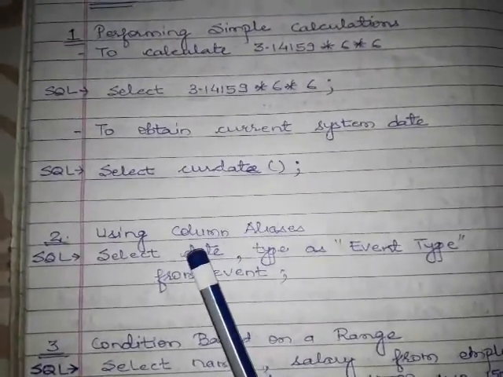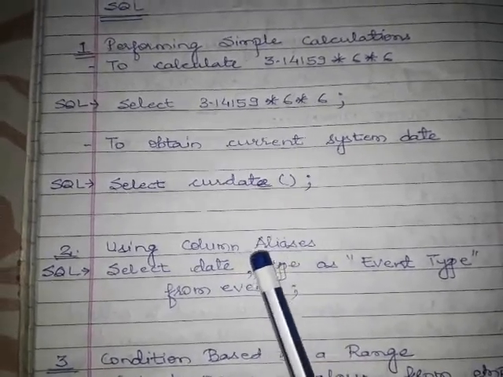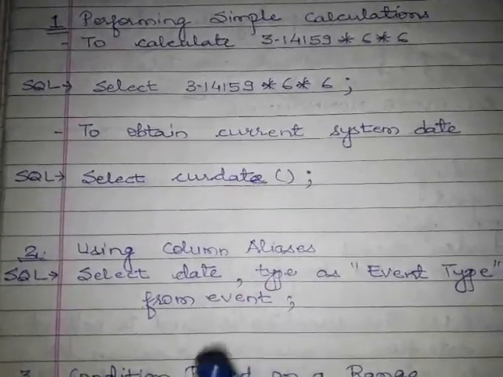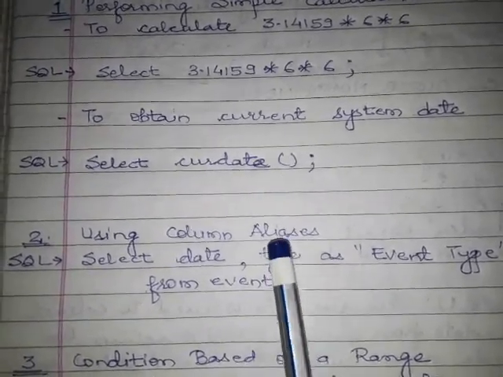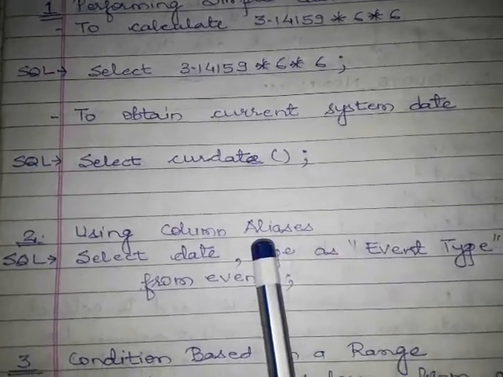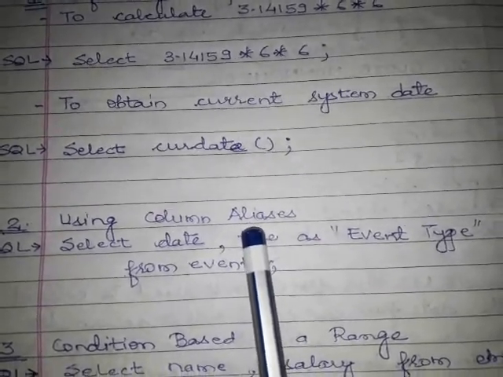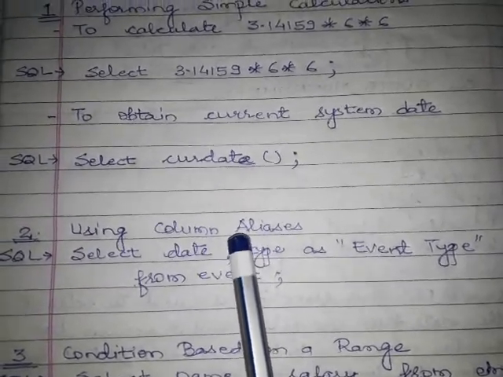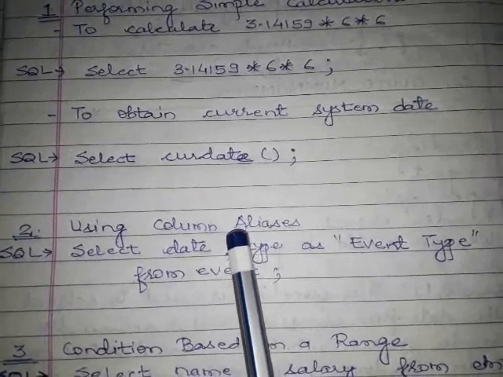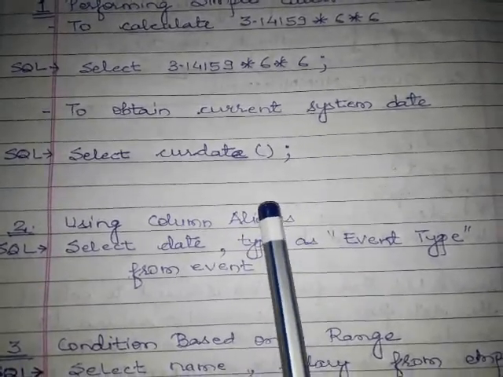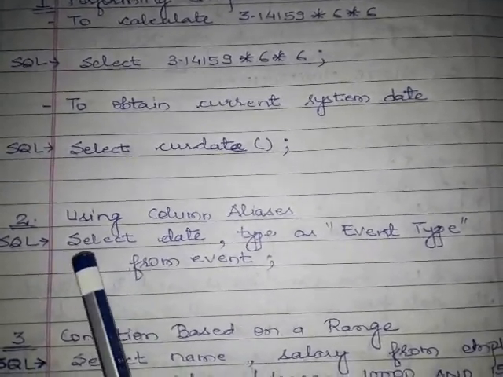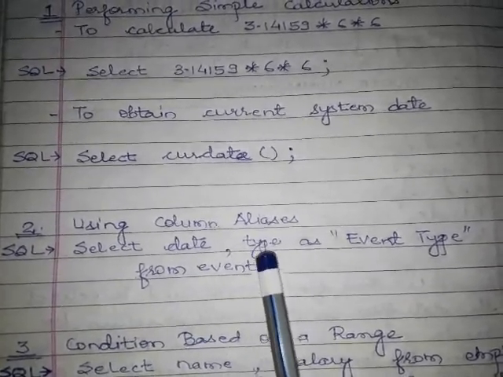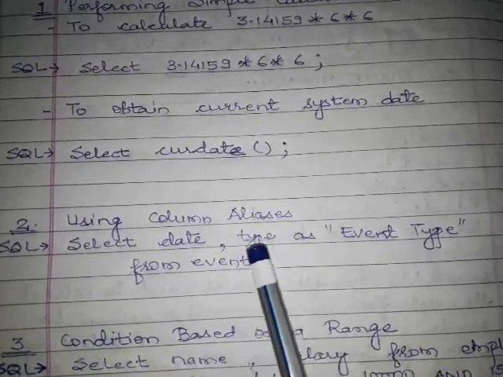Now, using column aliases. Column aliases means giving our user-defined names to columns. The actual column name is not changed internally, in the table it will not change, but while displaying as output it will change the name of the column according to our convenience. Look here at how we change the column name. SELECT the first column, date, and the second column, type.